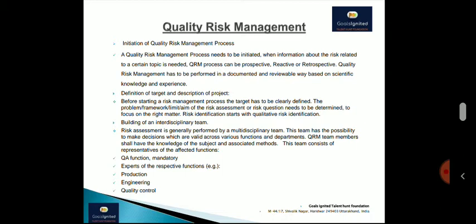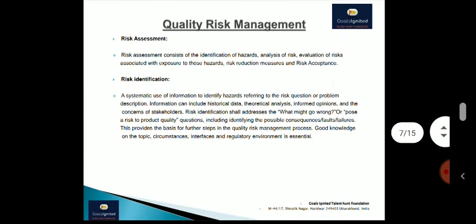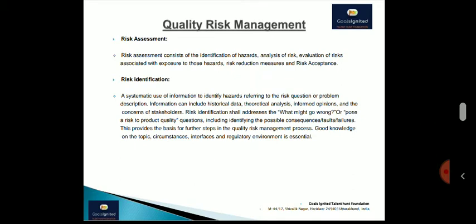If required, you may also invite experts from the respective functions. Then the production, engineering and quality control departments are the cross-functional ones, where the head of the department or another person is required to be there for any quality risk management.